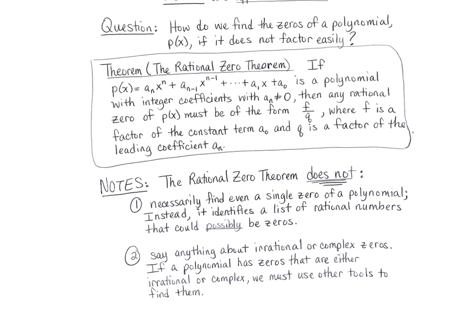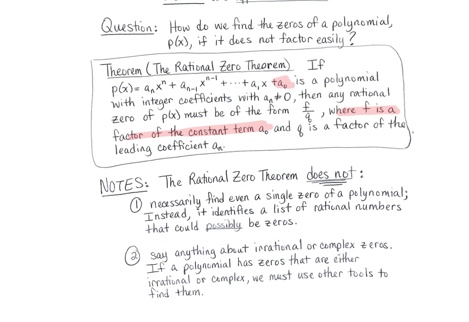So if you have a polynomial of degree, what's the degree here of this polynomial? N, very good. If you have a polynomial of degree n here with integer coefficients a sub n, which are non-zero, then any rational zero of p of x must be of the form p over q, where p is a factor of the constant term a naught.